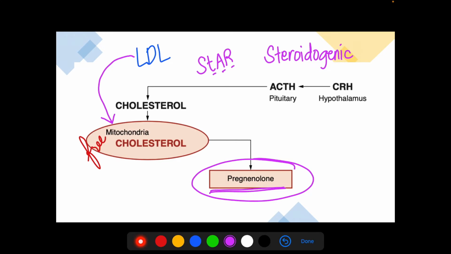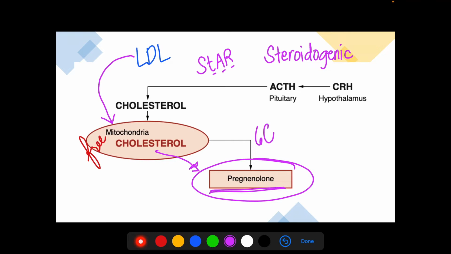And take note of this one: the conversion of cholesterol to pregnenolone is a rate-limiting step in steroid biosynthesis. In this case, 6 carbons are removed from the cholesterol by what enzyme?